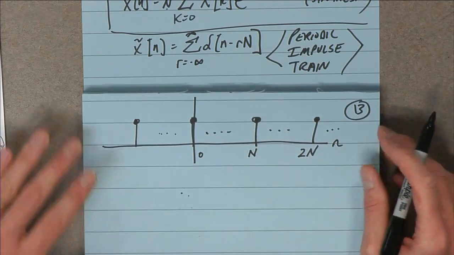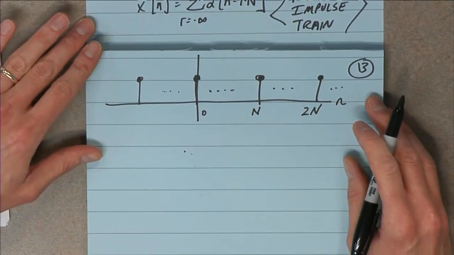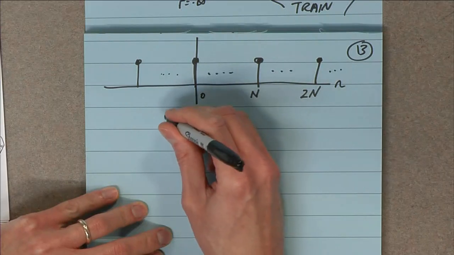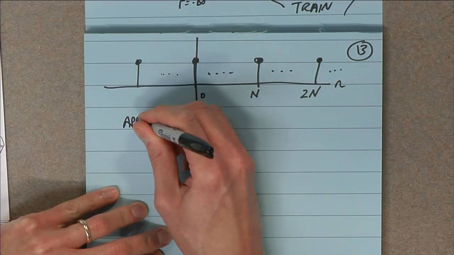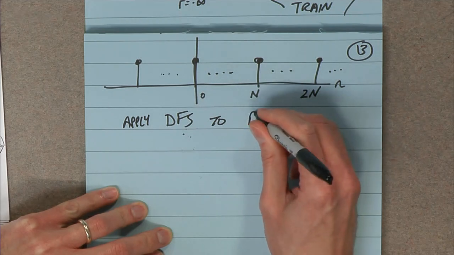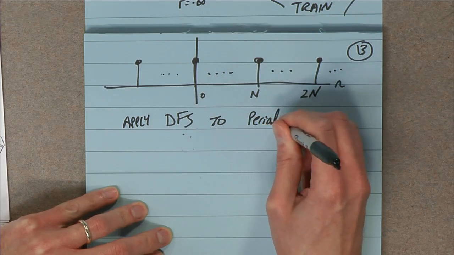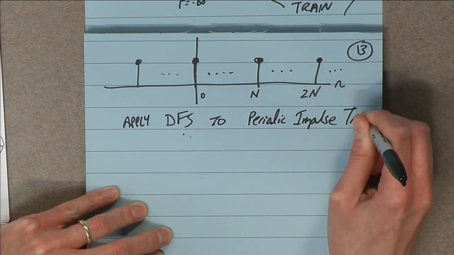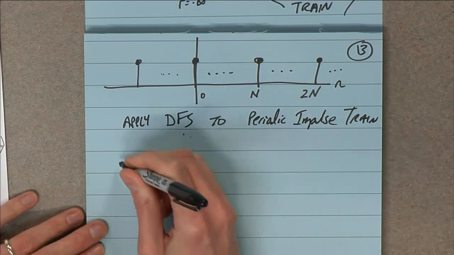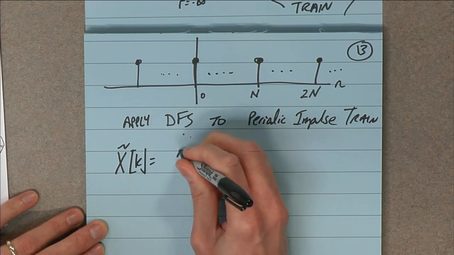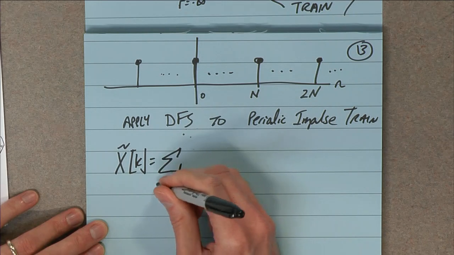So what we're going to do to get this useful identity is say, well, let's apply the DFS to the periodic impulse train. If we do that, we get kind of an ugly expression.